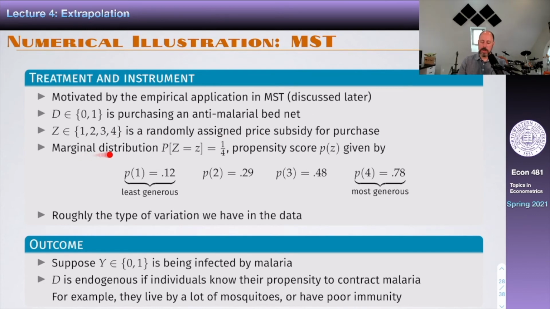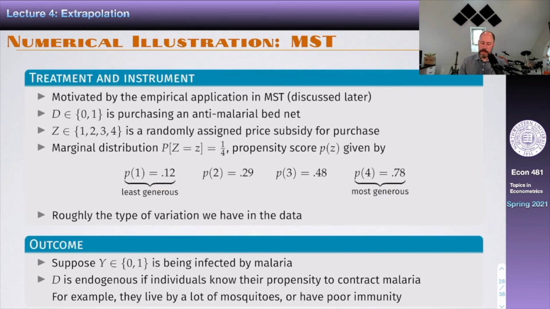So the marginal distribution of the instrument is 1/4. So you're assuming that you're assigning these treatments with equal probability. And the propensity scores are like 0.12, 0.23, 0.48, 0.78. So this is the probability you purchase the bed net. And so this is low, this is high, this is a generous discount or subsidy. This is the least generous discount or subsidy.